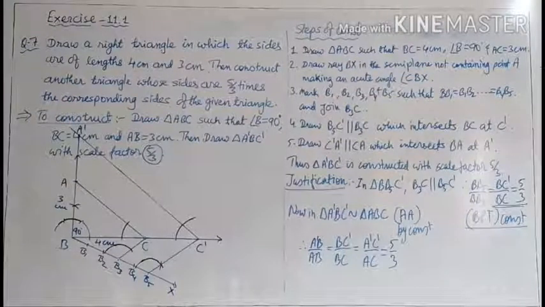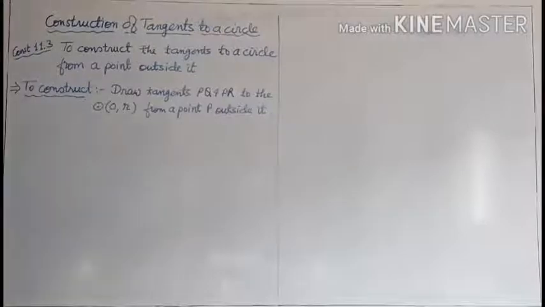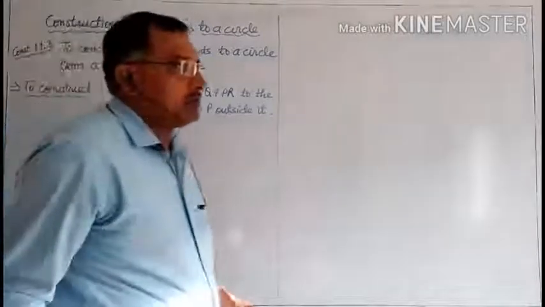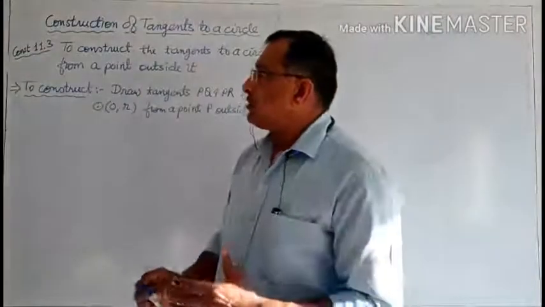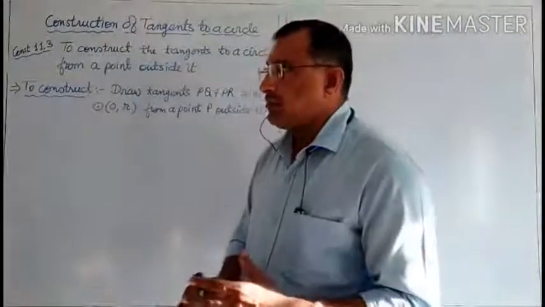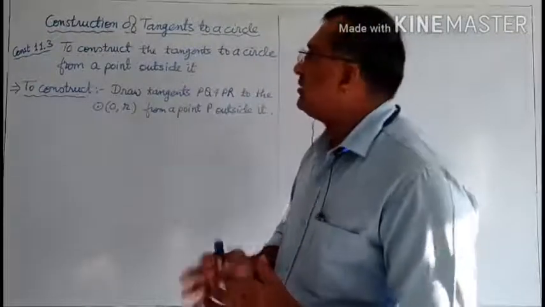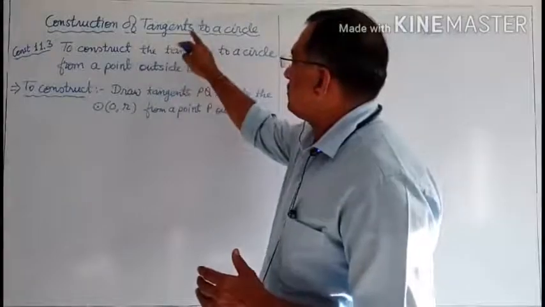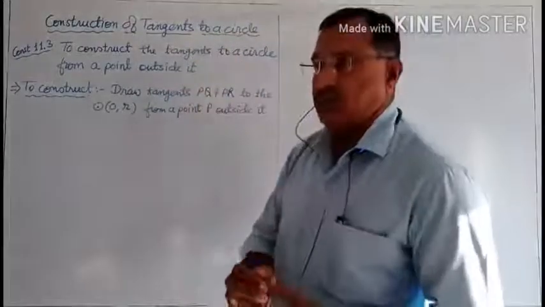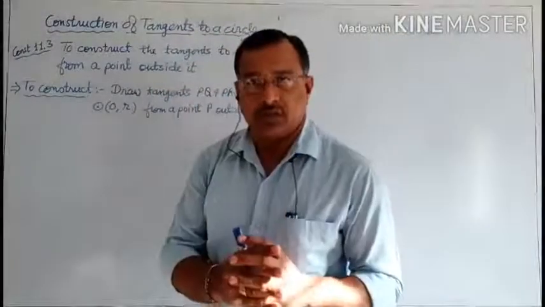So now the next construction we will take. Today we are going to discuss, after construction of a triangle similar to a given triangle, construction of tangents to a circle. What is a tangent to a circle?